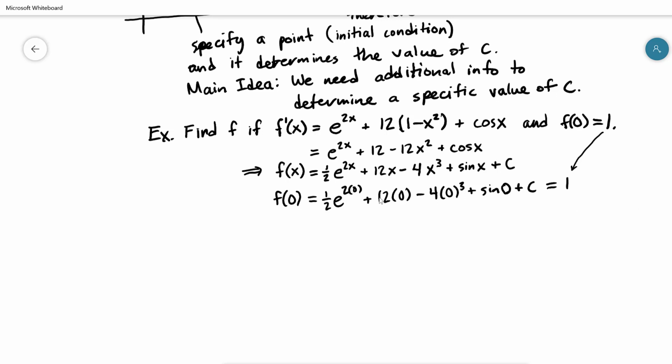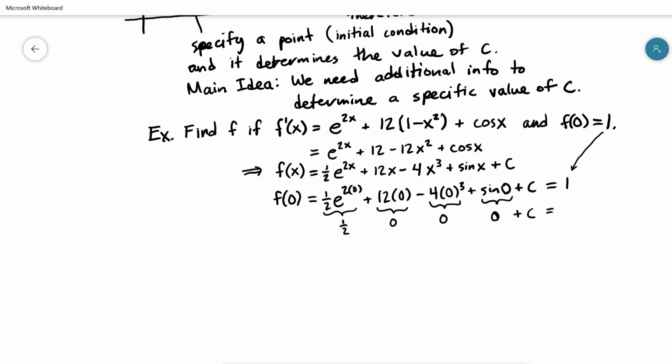So going through piece by piece, that whole piece is 0, that whole piece is 0, and the sine of 0, if you remember your trig functions, is 0. I've got my plus c, and in this piece over here, I have e to the 0. E to the 0th power is 1, so this whole piece turns out to be 1/2.